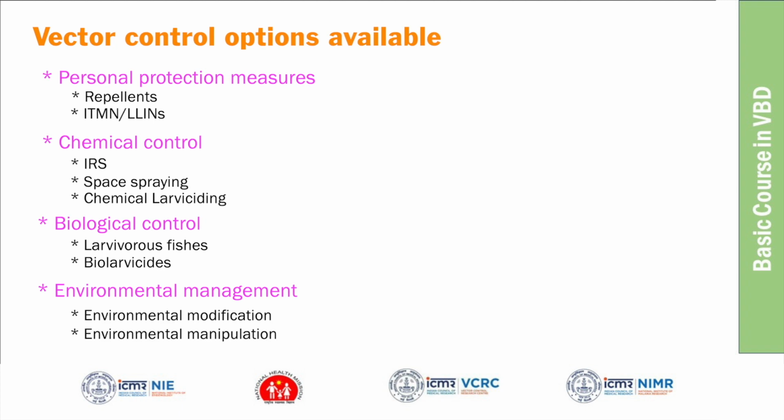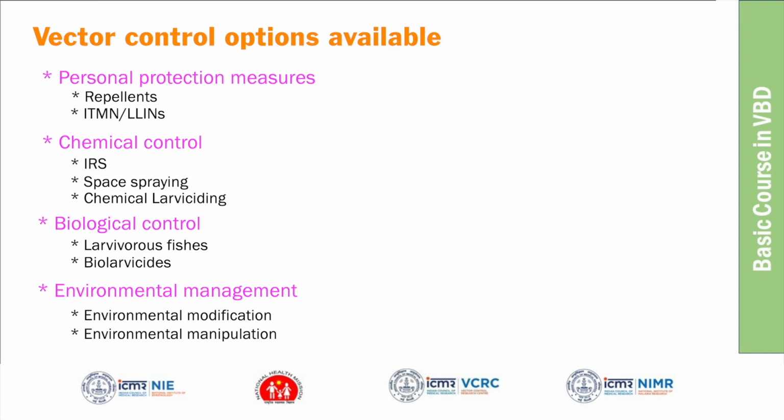So what are the vector control options available for us? One is personal protection measures. Under that, we have repellents used by individuals, insecticide treated mosquito nets, that is ITMN, and long lasting insecticidal nets. The second option is chemical control. Under chemical control, you have indoor residual spraying and chemical larviciding.